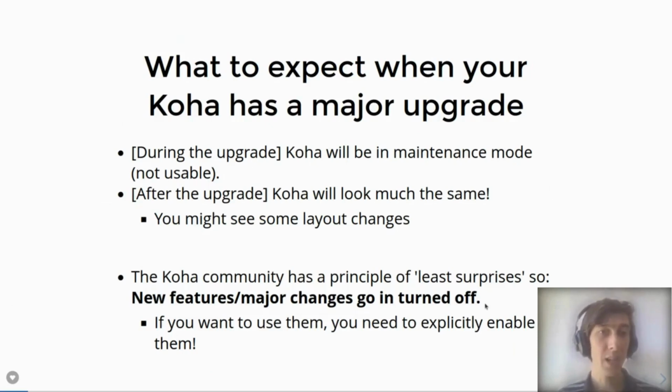The Koha community tries to keep as many things as possible the same in functionality, display, and behavior with major upgrades. And if you want these exciting new enhancements, then you have to actually go and enable them in order to get them.